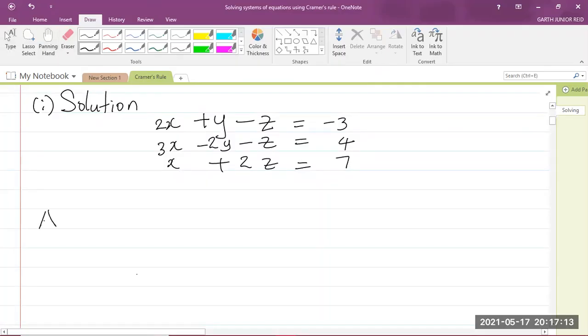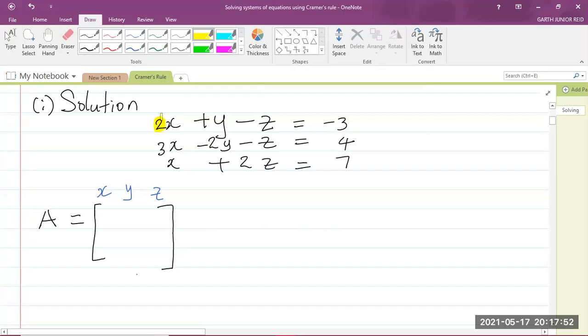So the matrix A, which we normally call the coefficient matrix, is going to be the coefficients of the variables x, y, and z in each equation. So let's say the first column represents the coefficients for the x variable, the second column the coefficients for the y variable, and the third column the coefficients for the z variable. The coefficient for x in the first equation is 2.